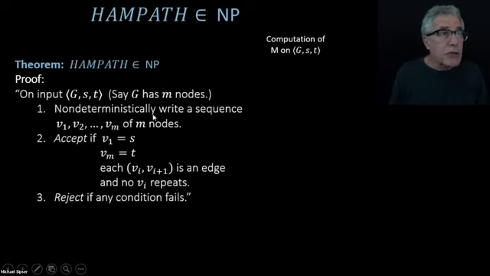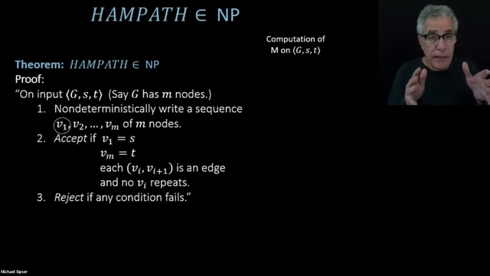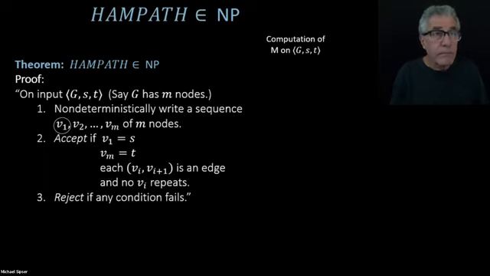And now the machine is going to be writing down, let's say, the node V1. So it's non-deterministically picking the first node of the sequence. What does that actually mean in terms of the step-by-step processing of the Turing machine M?